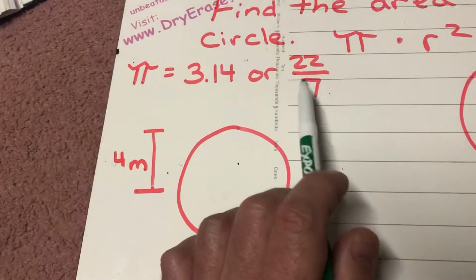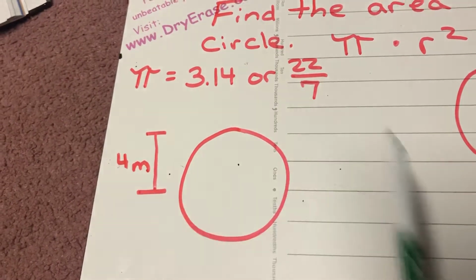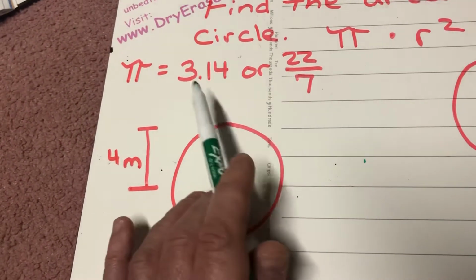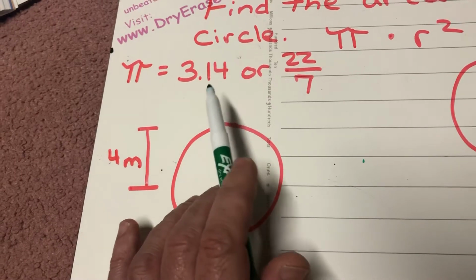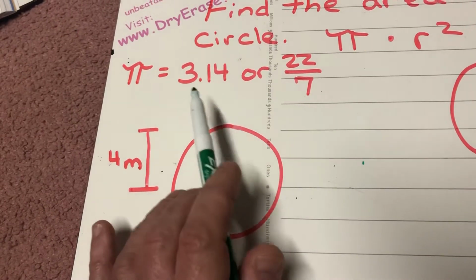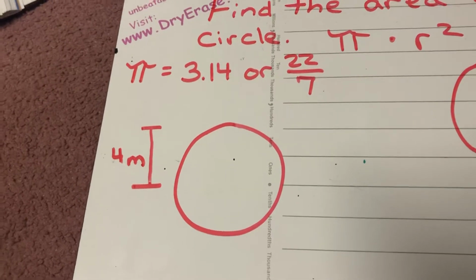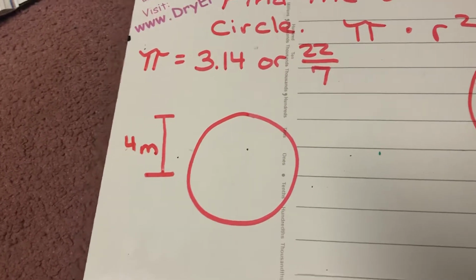If they give you something in fractions and you want to keep it as 22 over 7, that's fine. If you did one with 22 over 7 and one with 3.14, you would not get the same exact answer. It would be close, but it would not be exact.